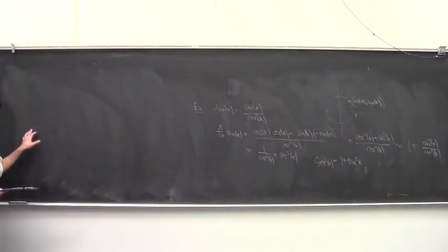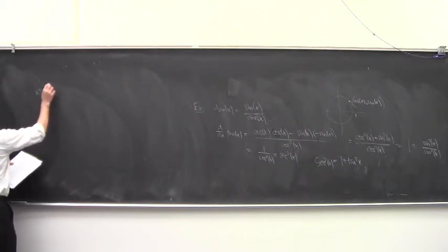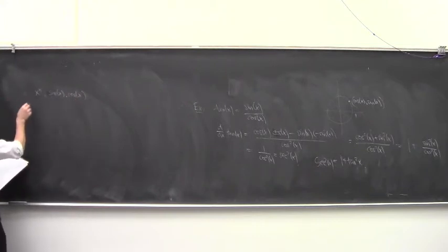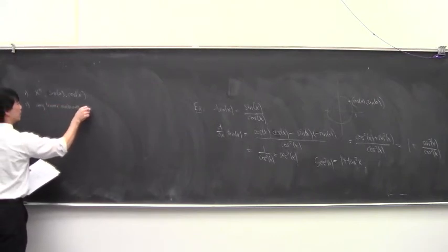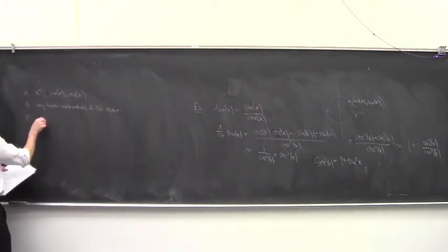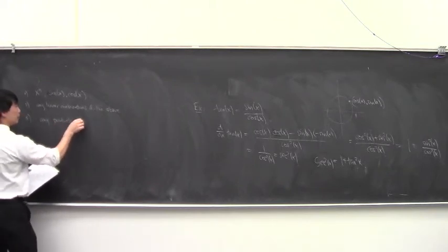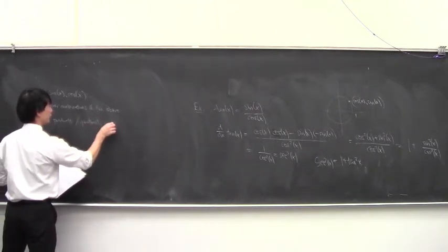Now at this point, you can differentiate certain functions. You can differentiate these functions, and any linear combinations of those functions. You can differentiate any products or quotients of the above.